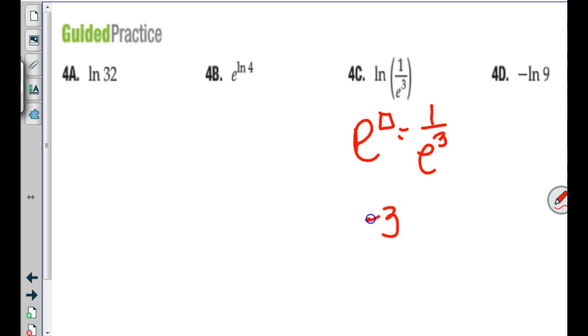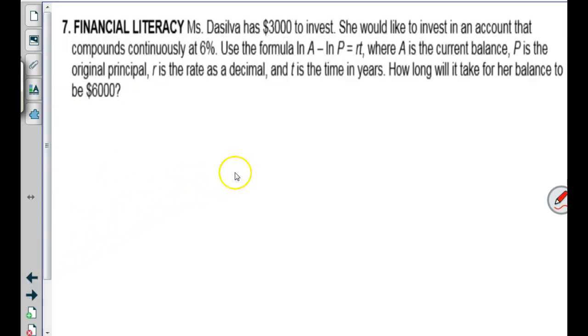Yep. Don't need a calculator for that one. These undo each other and you get 4. But that you'd have to type in your calculator. Is it okay to have a negative? This is just out in front, so it's just going to be a negative answer. You can't have a negative base or take the log of a negative number, but that negative is out front.